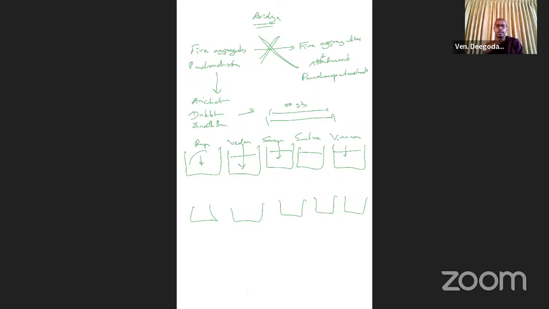So when he became Supreme Buddha, this classification was there, but nobody knew what anicca dukkha anatta is. Nobody knew how to use it.